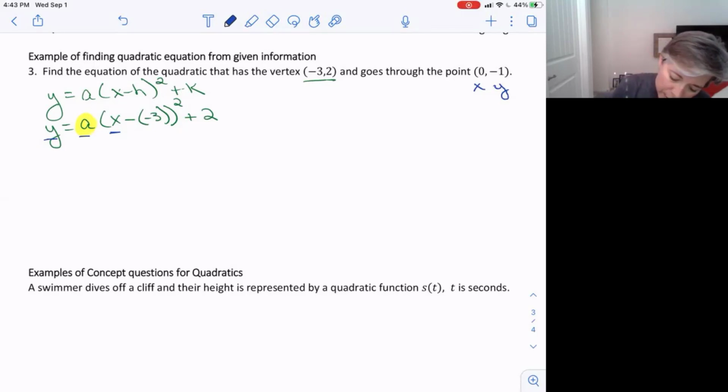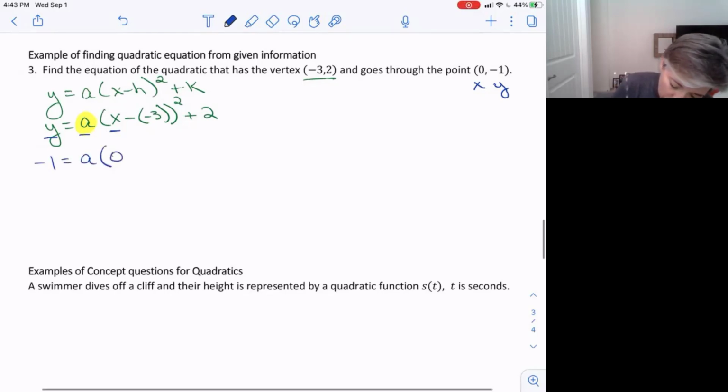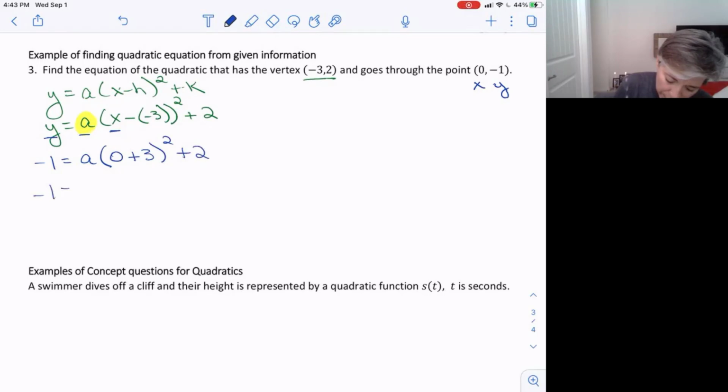So let's plug in -1 for our y. Our x would be 0. Minus a negative is plus a positive. So we have plus 3 squared plus 2. So we get -1 equals 3 squared is 9, so we get 9a plus 2. Subtract 2 from both sides.